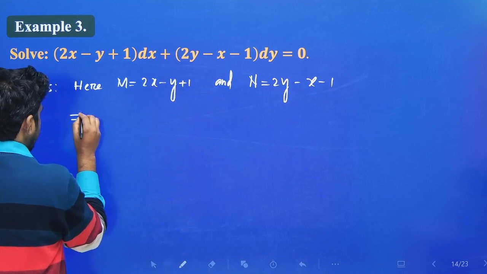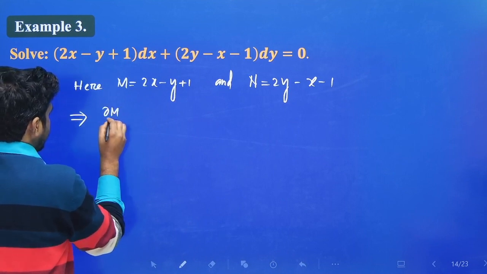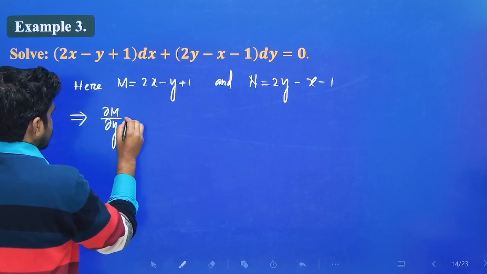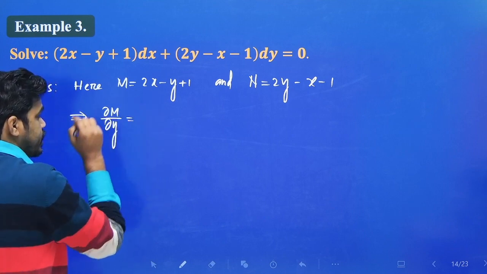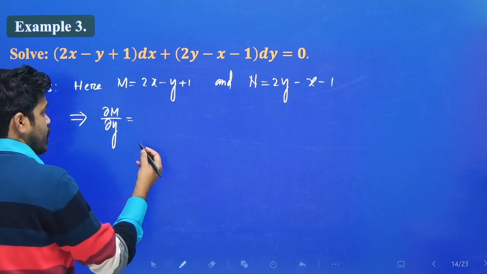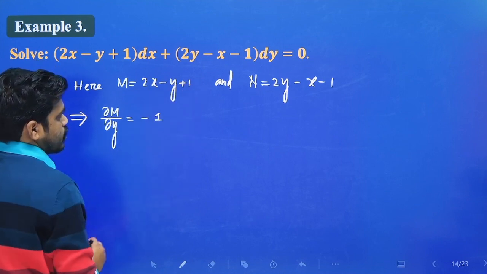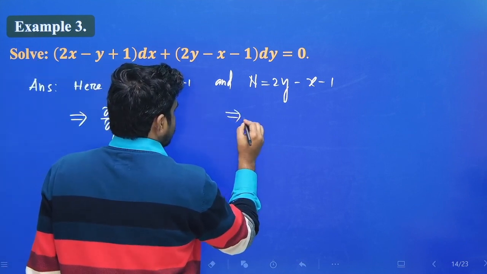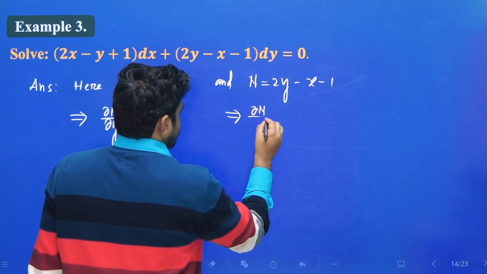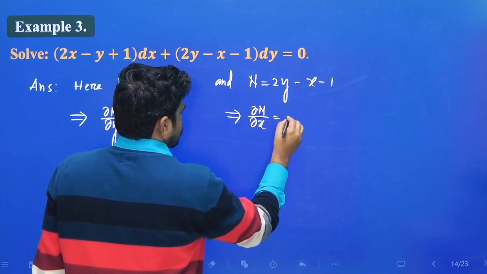So this implies del m del y. Y respective partial derivative, x is assumed to be constant, that means this is 0, this is 0. So this is minus 1. Del n del x, so this is minus 1.